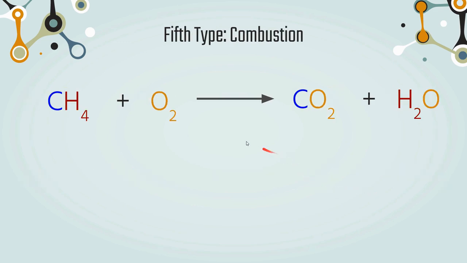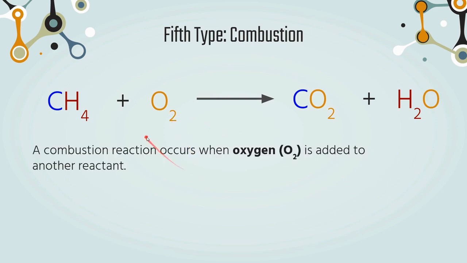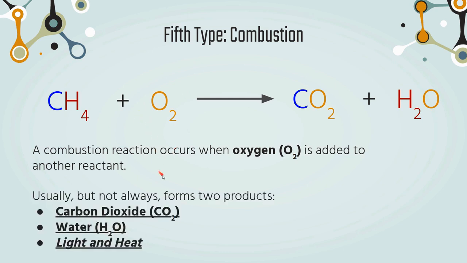Our last type of reaction is called combustion. And a combustion reaction is when oxygen, or O2, is added to another reactant. Usually, but not always, this forms two products: carbon dioxide, or CO2, and water. However, there is a third product, but it's not an actual chemical.